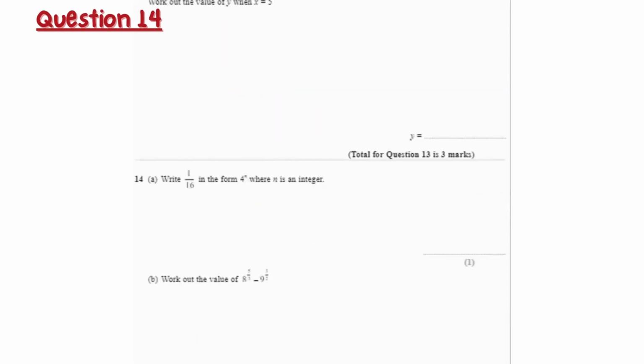Then it says, write 1 over 16 in the form of 4 to the power of n, where n is an integer. Firstly, 16 is 4 times 4, which is equal to 4 squared. So if we rewrite 1 over 16 as 1 over 4 squared, we can see that we have the base of 4 over here.